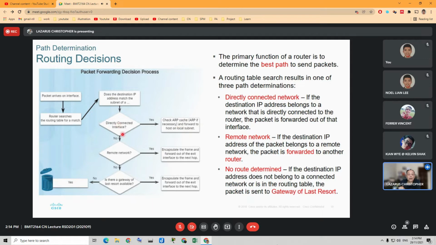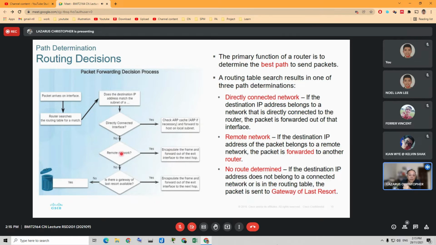If it doesn't match any of the directly connected interfaces, that means it's remote, so we check remote next. If it matches any remote network available in the routing table, then we encapsulate the frame and forward it out the exit interface to the next hop, because we know which interface goes to which. We let the packet be handled by the next hop, the next router.